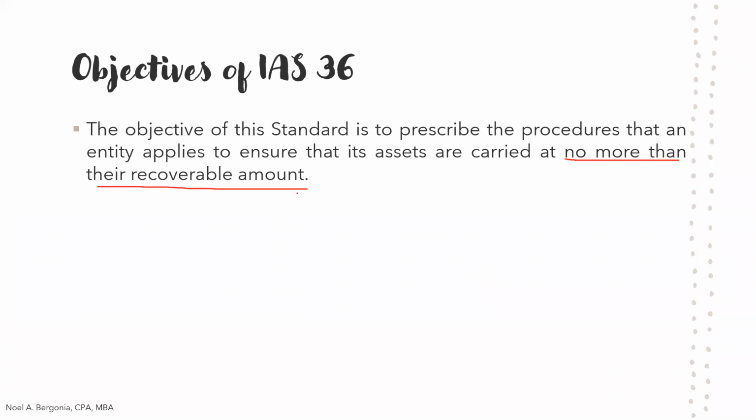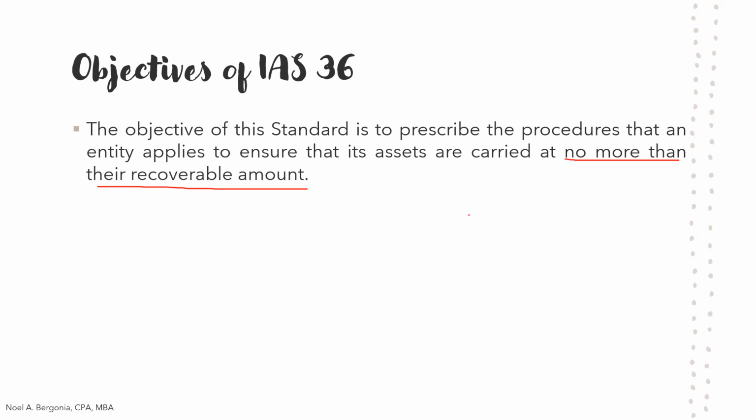We have impairment because sometimes our recoverable amount would be lower than our costs, or even our previously recognized carrying value. In that case, we will be recognizing impairment losses in accordance with IAS number 36.